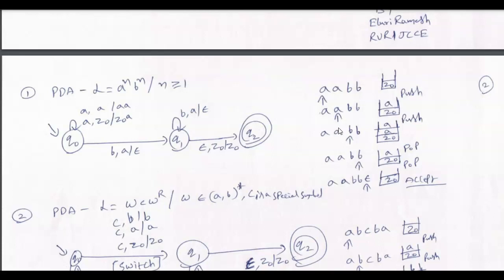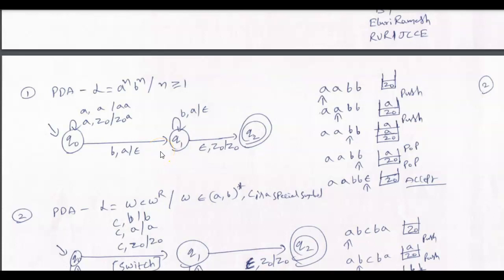Here the logic is for every A we push onto the stack, and for every B we pop the corresponding A. If any A is left out in the stack after processing all the B's, that means the number of A's is greater. Same way, if any B's are there without the top of the stack symbol being A, then obviously the number of B's is greater than the number of A's.